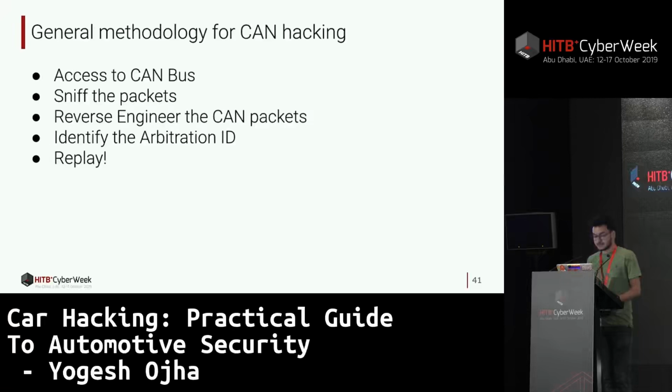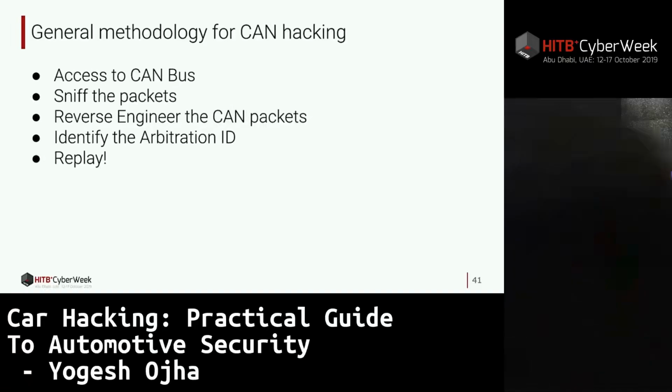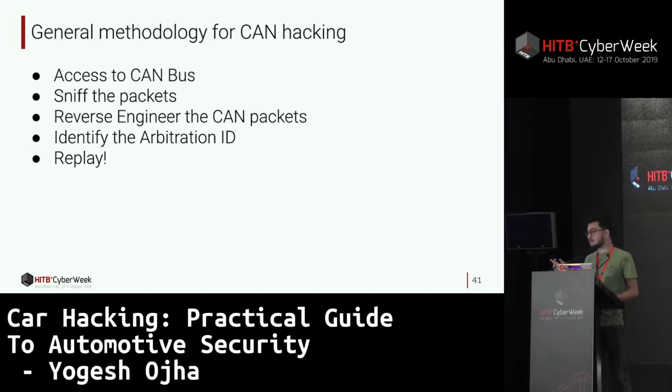So to do this attack, what is the general methodology for car hacking? The first thing you want to do is get access to the CAN bus in a real car, sniff the packets, reverse engineer those CAN packets, and identify the arbitration ID. If you want to spoof the tachometer, find out which arbitration ID it is coming from.